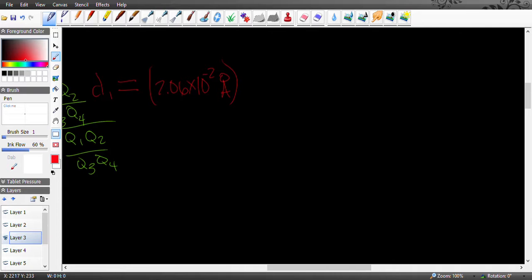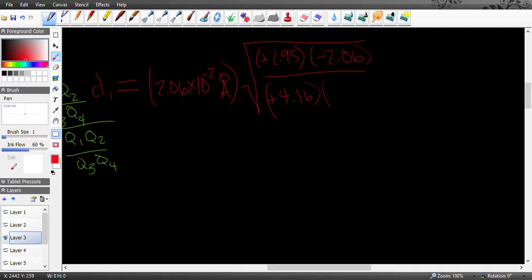That's going to be multiplied by the square root of positive 2.95 times negative 2.06 over positive 4.16 times negative 2.01.